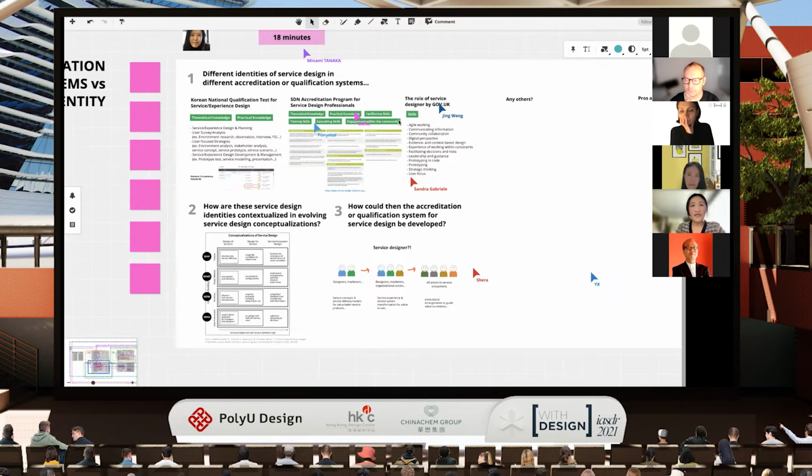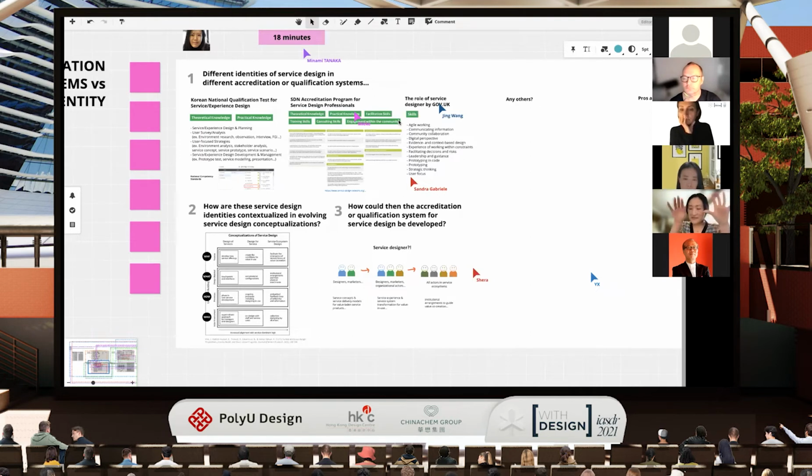or the large organizations, then how can we actually distinguish service designers compared to other job titles, for example marketers or business planners or strategic planners? This is also linked with JJ's diagrams, the framework.